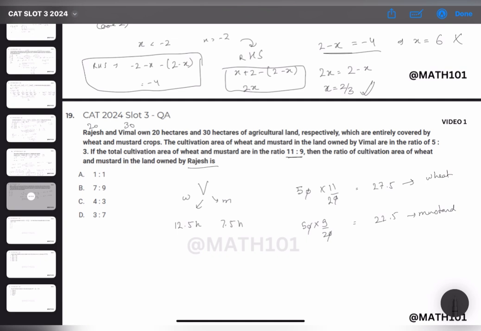So on the land owned by Rajesh, 27.5 minus 12.5, that is 15 hectares is gone to wheat, and 15 hectares is for mustard.